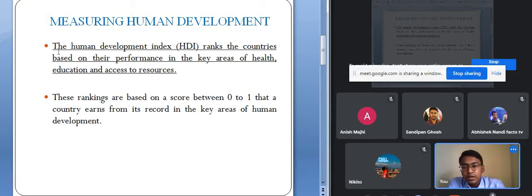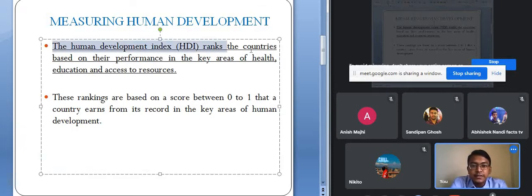The Human Development Index ranks the countries based on their performance in the key areas of health, education, and access to resources. So different countries of the world are provided with different ranks on the basis of their performance in these key areas.